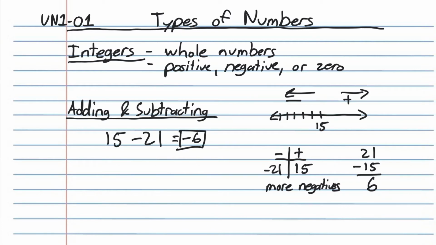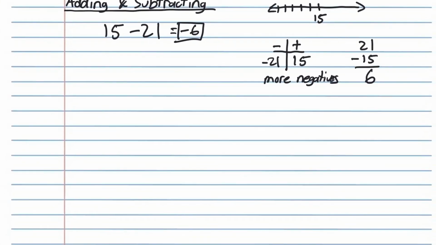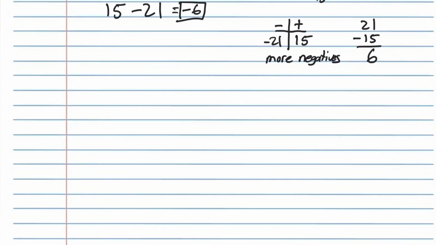Okay, the other thing you want to be very careful of is whenever you're dealing with back-to-back symbols. For example, if the question looks like this, where you have 7 minus a -6.